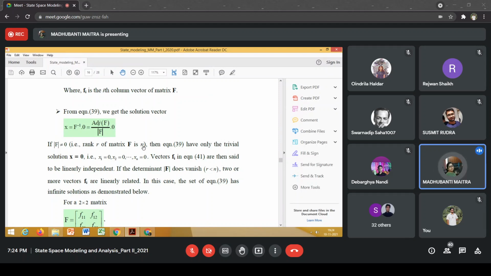The dimension of F is n by n. So if F is a non-singular matrix, then F will be a full rank matrix and its rank r will be equal to n. I guess you know all these things.